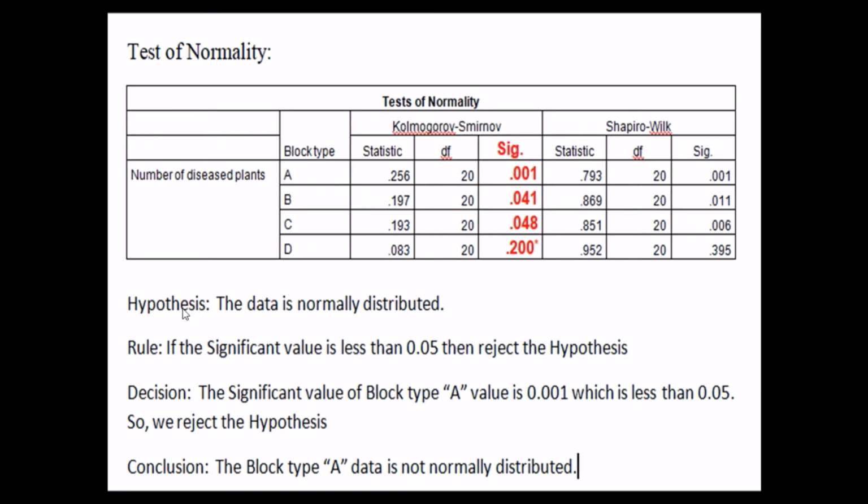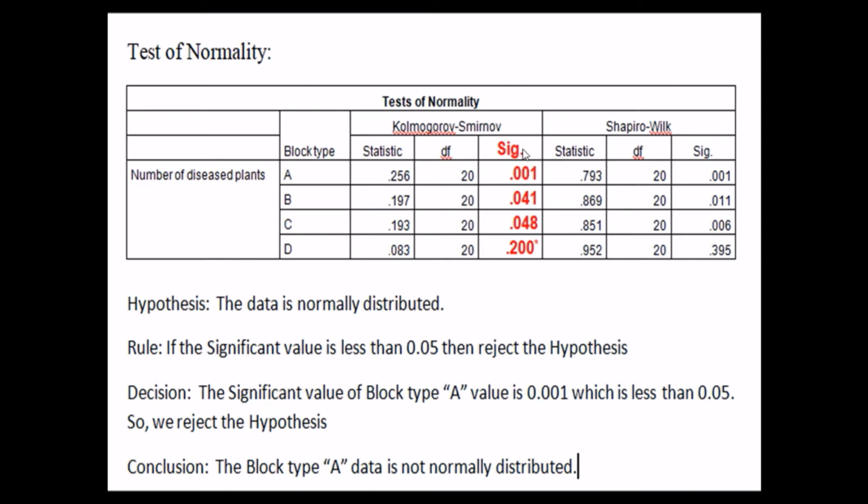I am going to maintain a hypothesis: the data is normally distributed. This data belongs to block A. I kept a rule: if the significance value is less than 0.05, then reject the null hypothesis.